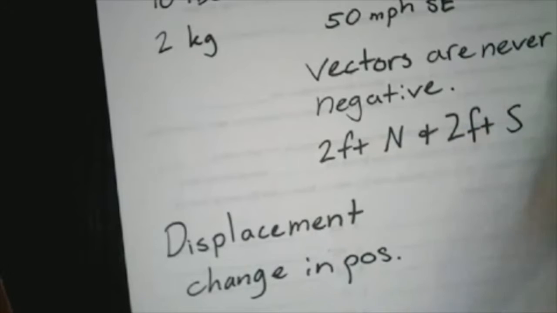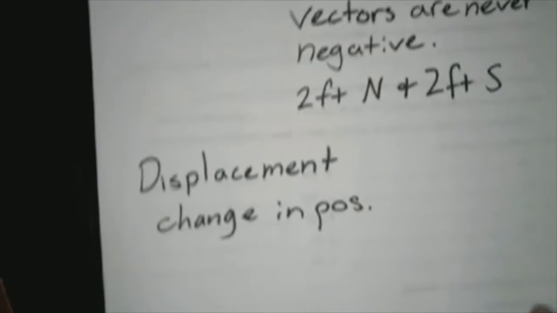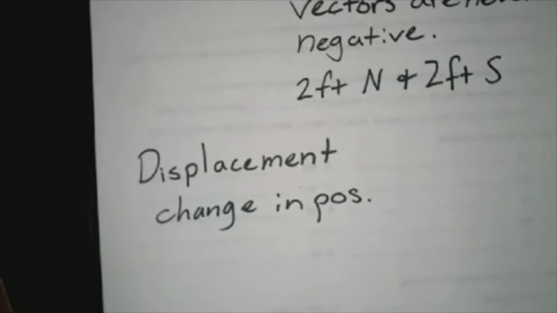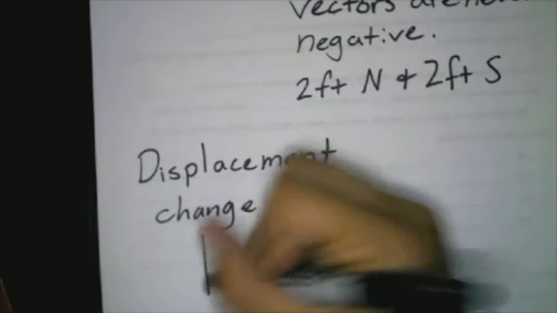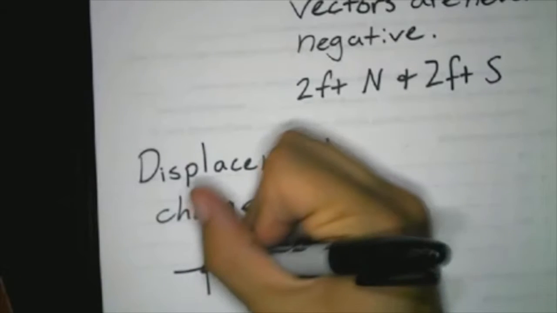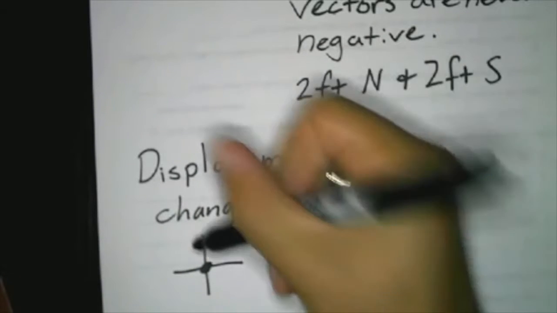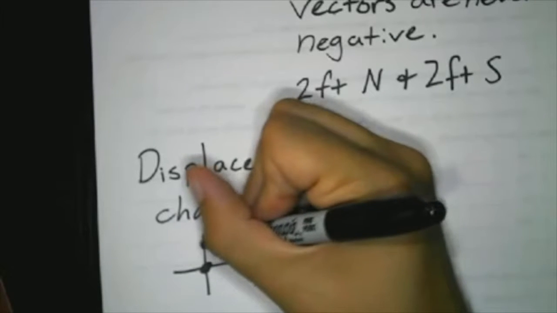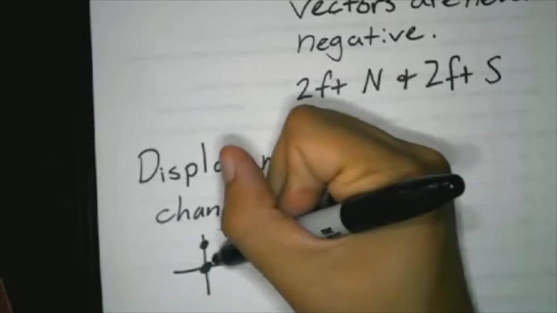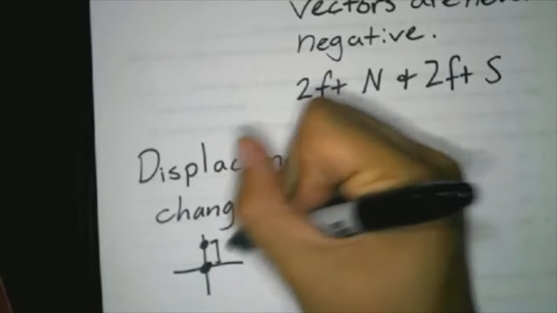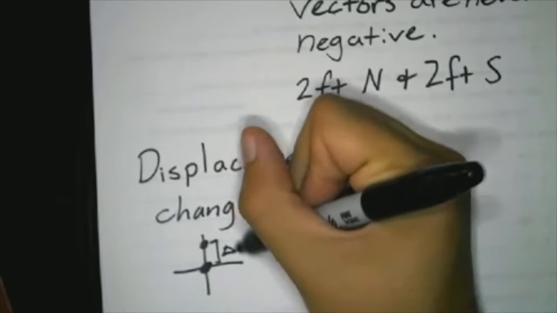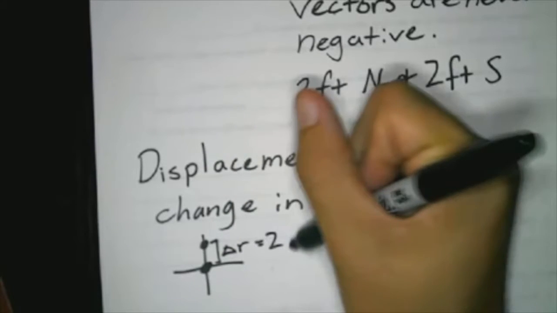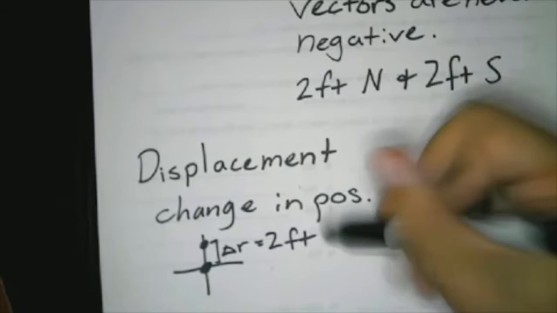It doesn't matter where we are on a coordinate grid. We could be at the origin, and I can move 2 feet north. My displacement would be 2 feet north.